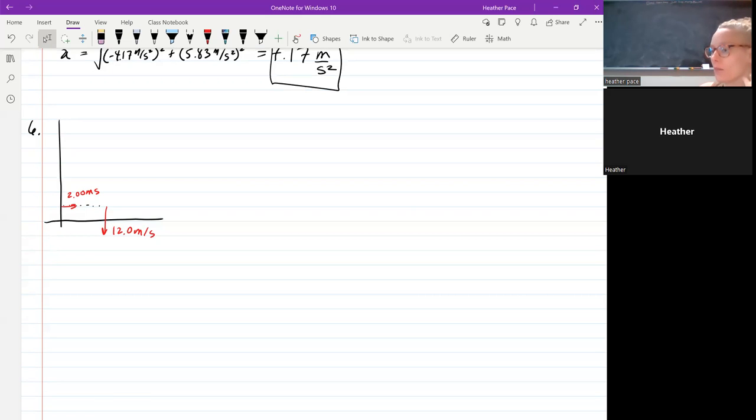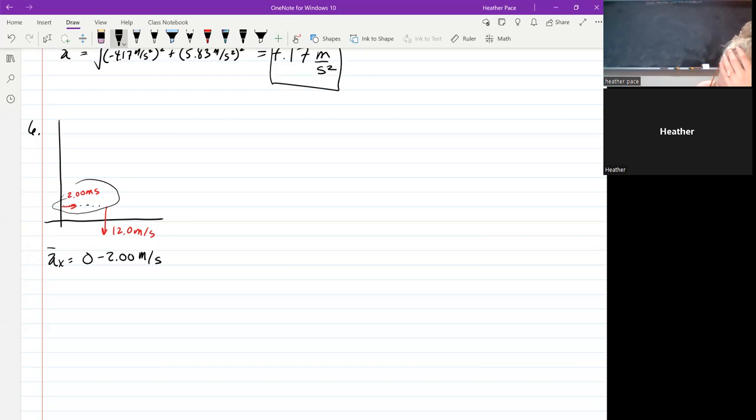Again, average acceleration is just going to be change in v over change in t, like we did before. In the x direction, this is all in the x direction. So our initial velocity is 2.00 meters per second.